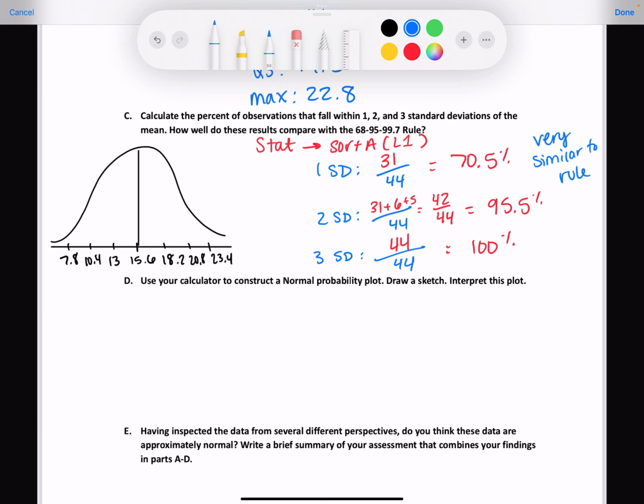Data list is L1, data axis is X, zoom 9, and it should look like that. Yep. So, something like that.